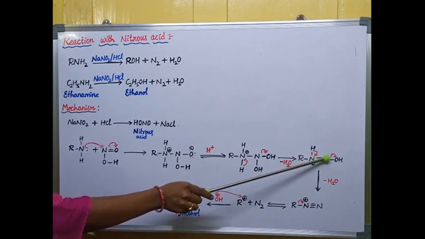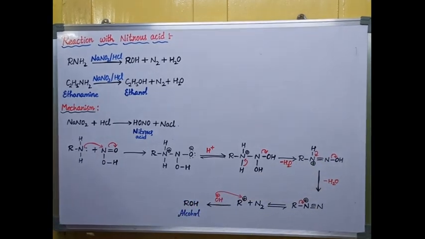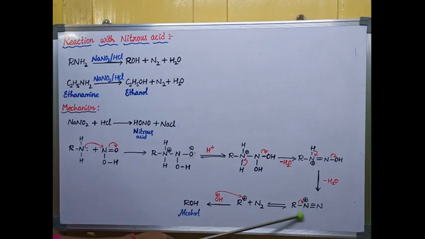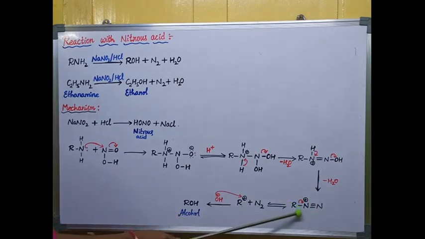This negative and positive charge form a triple bond here, H2O coming out. Still we have a positive charge on nitrogen because nitrogen is forming 4 bonds. So in order to satisfy this positive charge, I'll remove the N2 gas. When I break the bond between the R group and nitrogen, the nitrogen positive charge is nullified and it comes out as N2 outside.